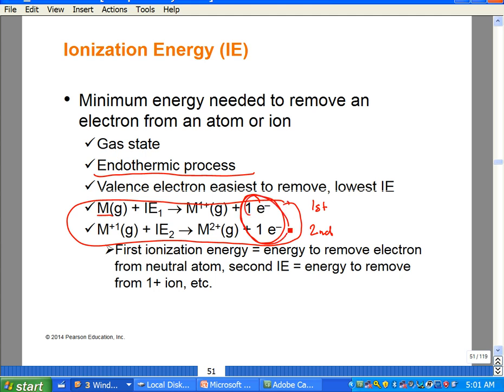This is the first one. This is the second one. IE means ionization energy: the first ionization energy, and the second ionization energy. That's important because that's how it's going to be written when you see your problems and probably on your test as well.